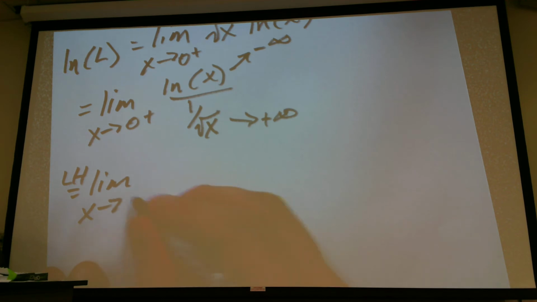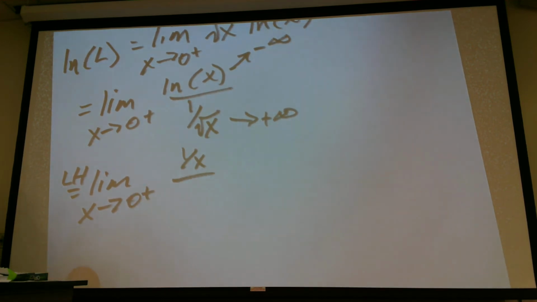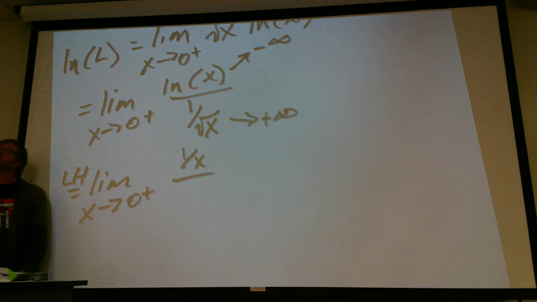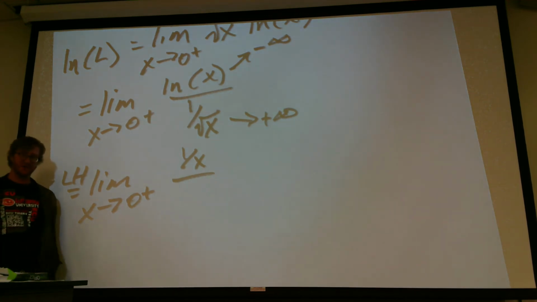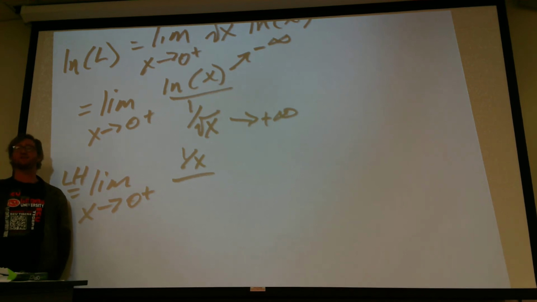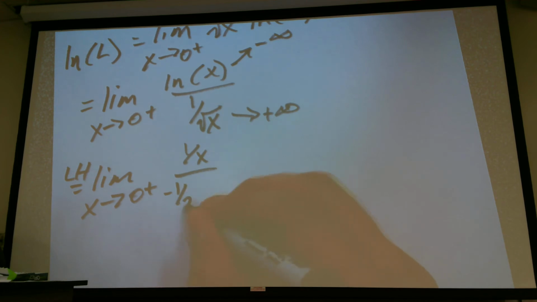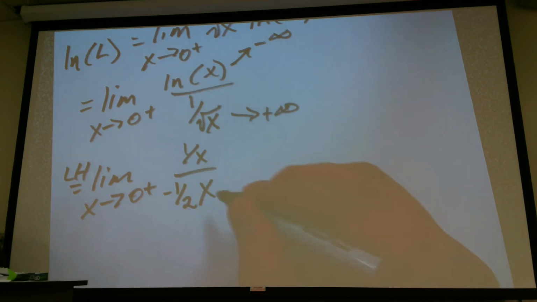And that's going to be the limit as x tends towards 0 from the right. The derivative of the natural log of x is 1 over x. Okay? Now, the derivative of 1 divided by the square root of x. You can think of this as x to the negative 1/2 power. Okay? So, negative 1 over 2, and this would be x to the negative 3 over 2.